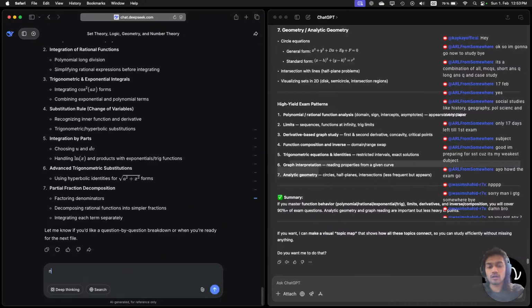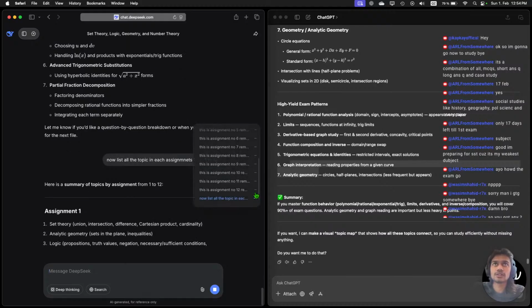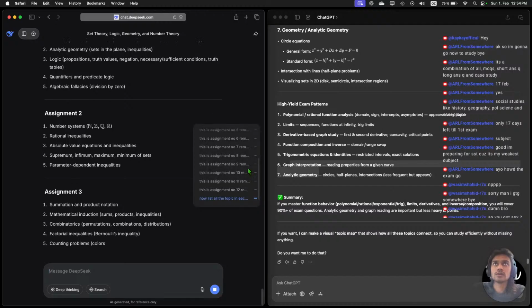So now list all the topics in each assignment from 1 to 12. Dude, I really like this from DeepSeek. That's so good. Look at this.